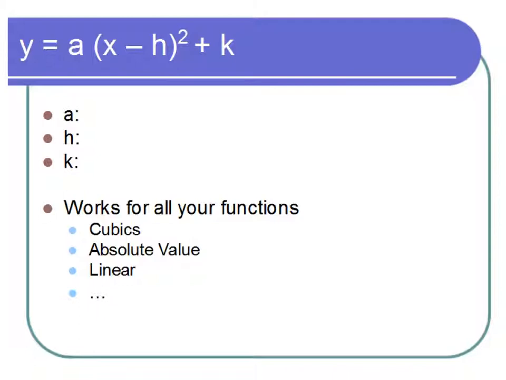Okay, when I look at this, I see y equals, and then I'm going to take a times whatever I had there. So that a is going to take all of my y values and multiply them by something. In general, it's going to stretch or shrink my graph vertically because it's affecting my y.